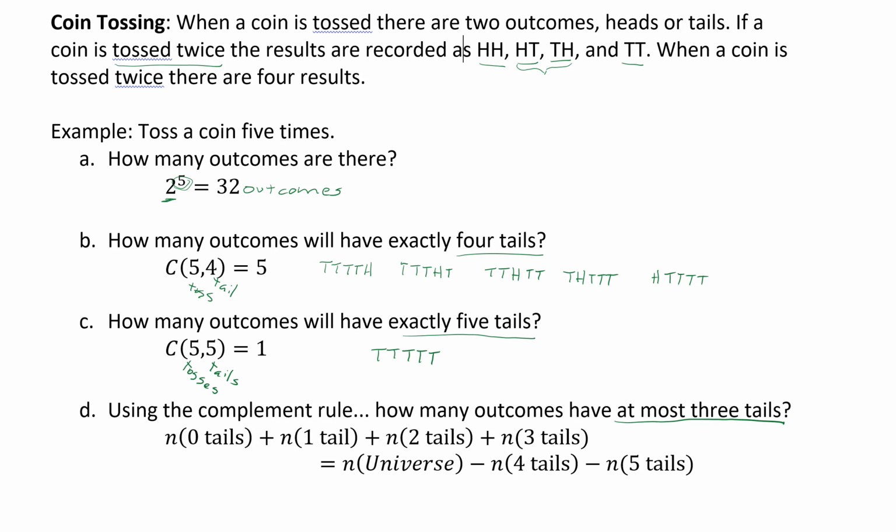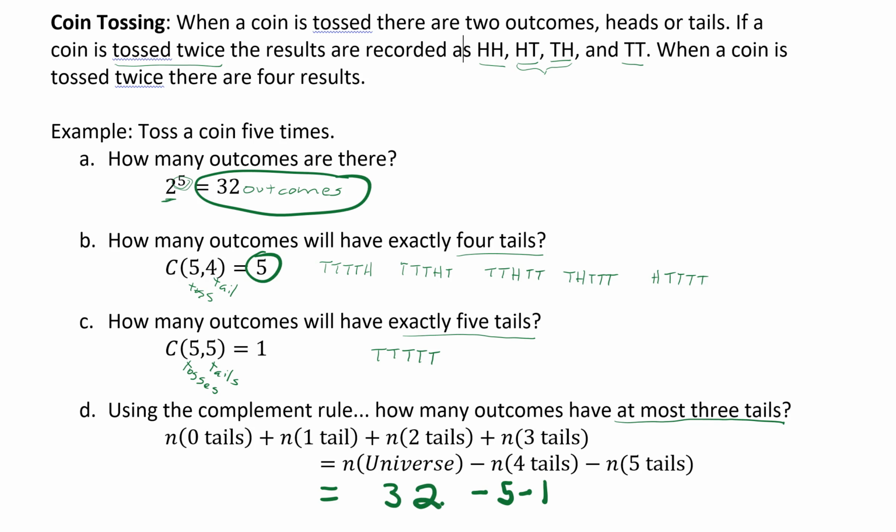Now earlier in part B, I had found out that the number of ways to get 4 tails was 5, right here. And in part C, the number of ways to get 5 tails is 1. And also back up in part A, we found out the total number of outcomes in the universe, which was 32.